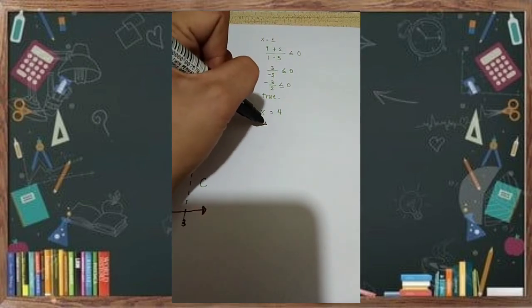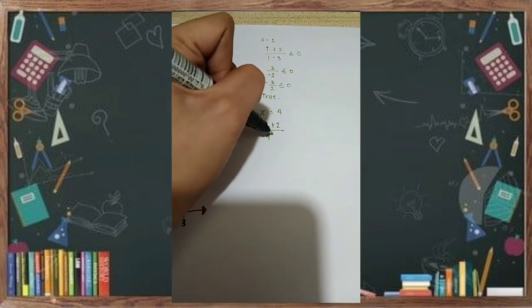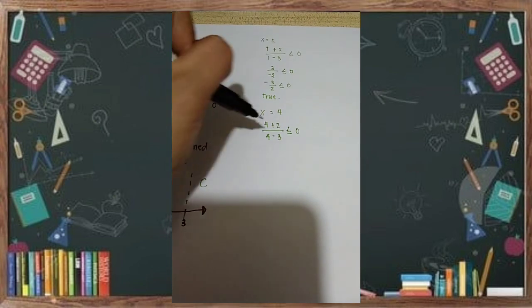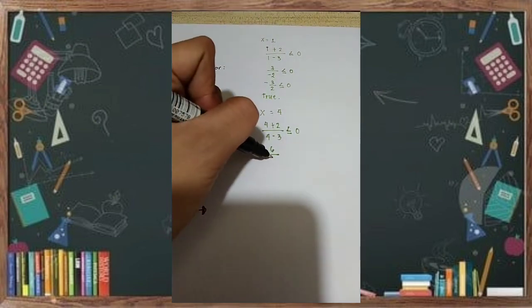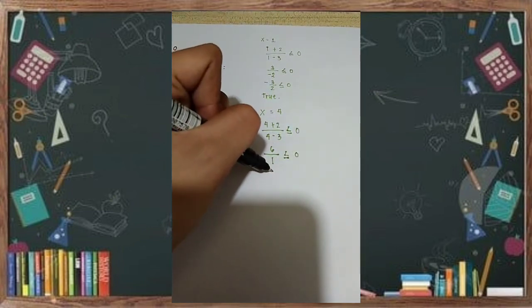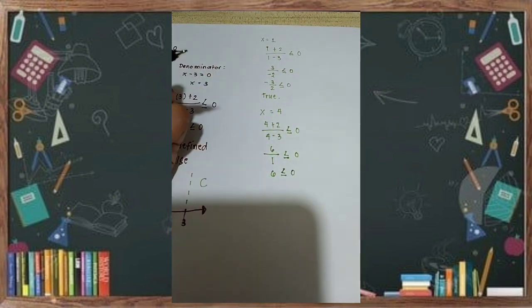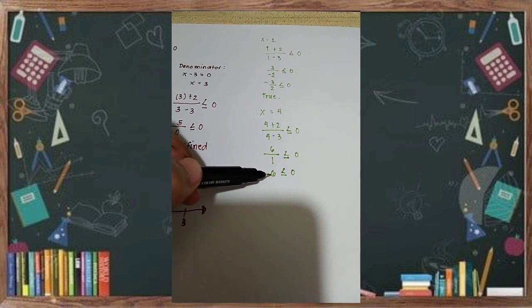Okay. So, 4 plus 2 over 4 minus 3 less than or equal to 0. So, 4 plus 2 ay equals to 6 over 4 minus 3 ay equals to 1 less than or equal to 0. 6 divided by 1 ay equal to 6 less than or equal to 0. So, ngayon, tama ba that this is 6 is less than or equal to 0?